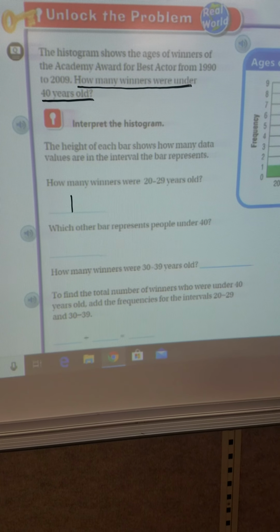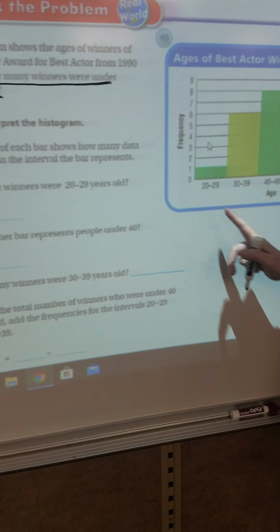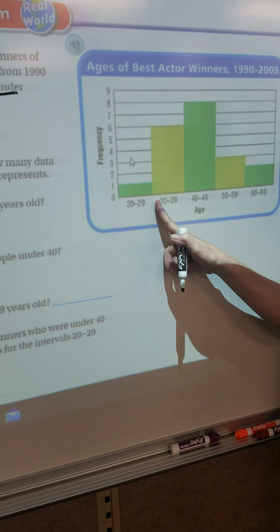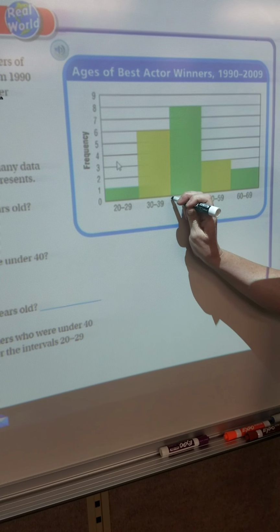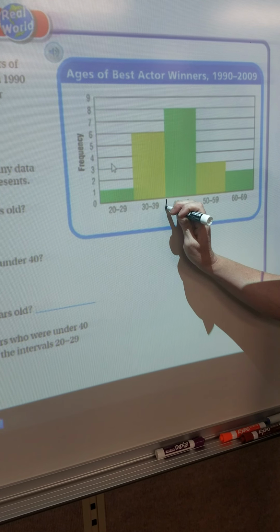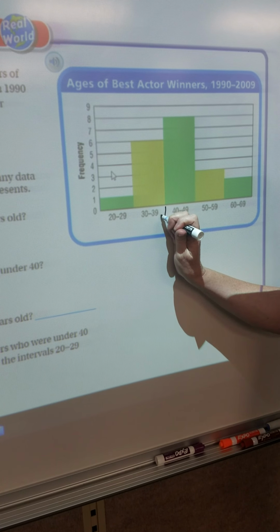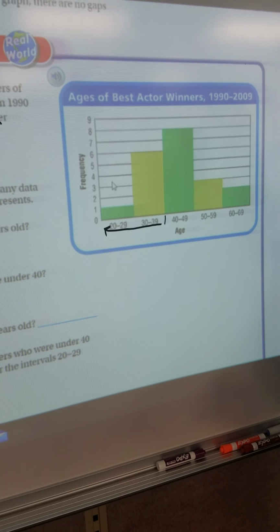And then it says, which other bar represents people under 40? This would include people under 40. This includes people under 40. This does not include people under 40 because it's from 40 to 49.